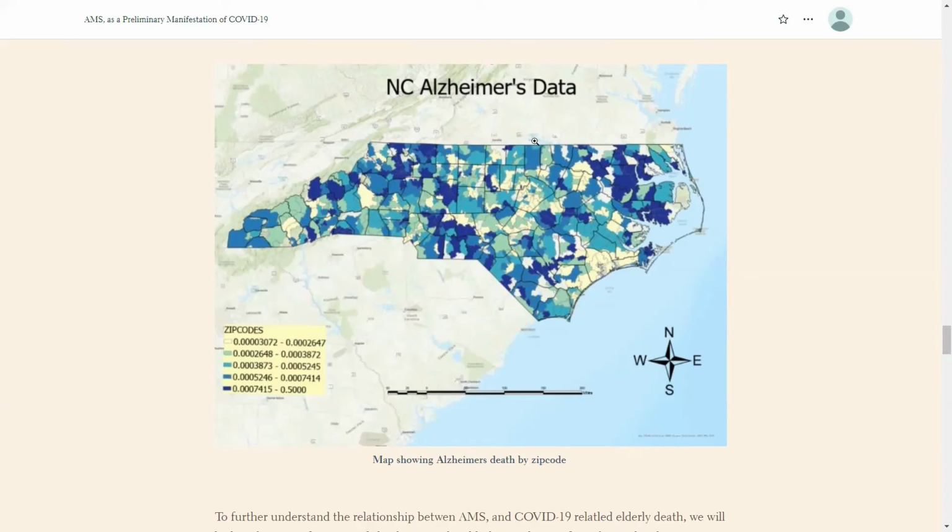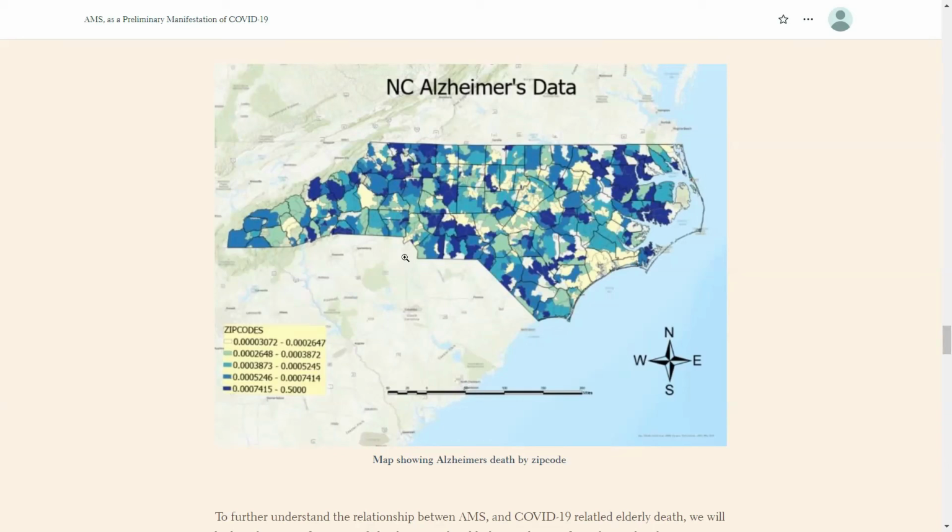But through this map, we can understand that the counties with the highest rate of Alzheimer's deaths had a more elderly population than these other counties with low numbers of Alzheimer's. It means the counties with a higher Alzheimer's population had significantly more deaths.